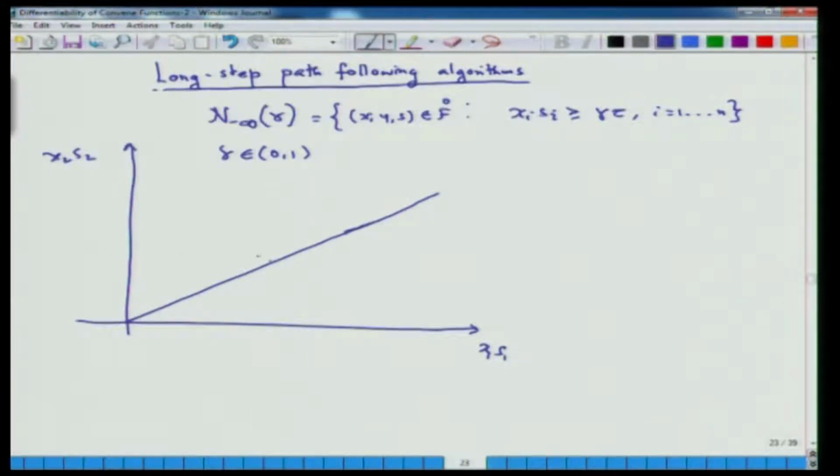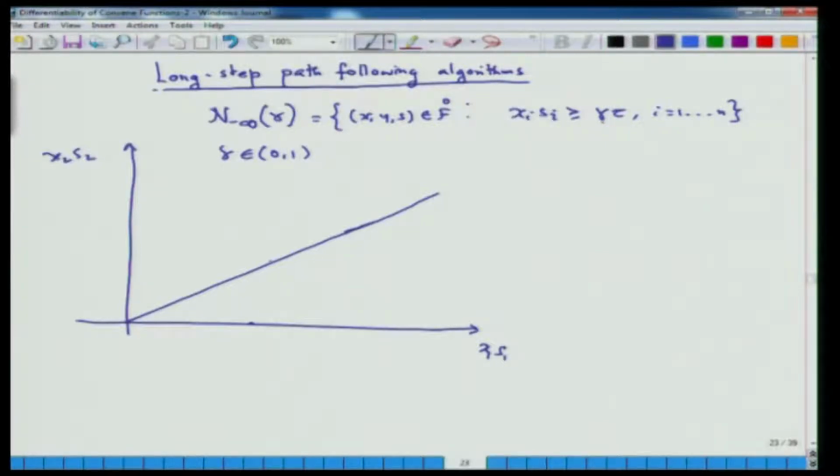So, basically both of the values have to be bigger than a certain quantity. In this neighborhood, if I put xi si equal to gamma tau, look at that line. Every time tau changes, xi si takes a different value, gamma times tau.